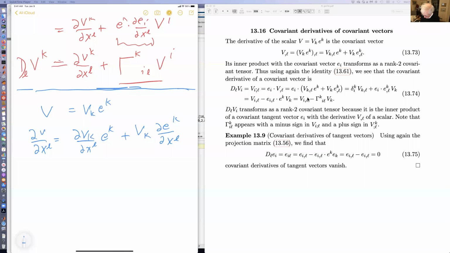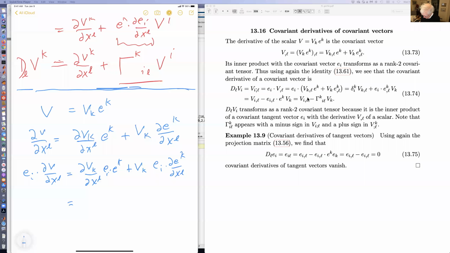And so we take a dot product with EI of this partial V, partial XL. And the EI with that, well, that's partial VK, partial XL, EI dot EK. Well, this is a Kronecker delta. And then we have VK, EI dot partial EK, partial XL.